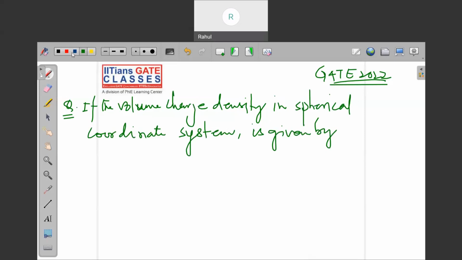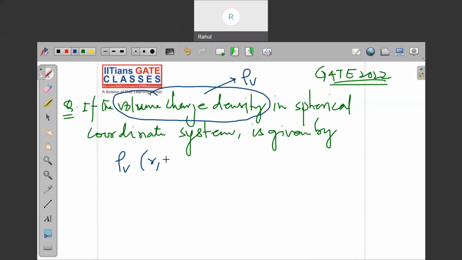That is denoted by rho v, right? You have to keep this in mind. We will talk about that when we start discussing electrostatics. If the volume charge density in a spherical coordinate system is given as rho v as a function of r, theta, phi, these are the parameters of the spherical coordinate system, that is given as rho naught upon r, Coulomb per meter cube.